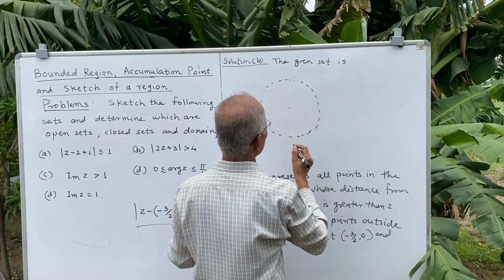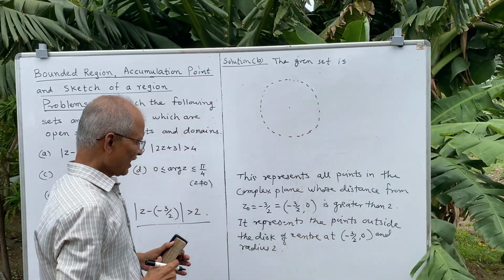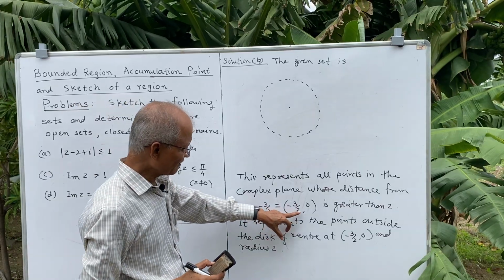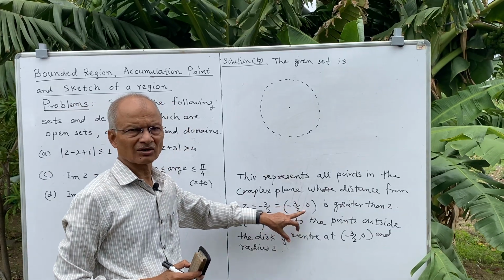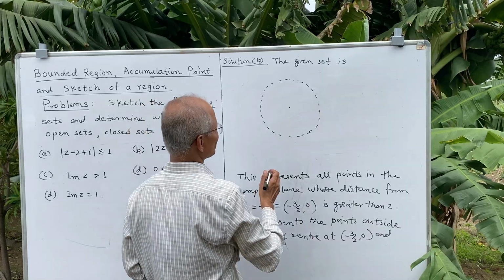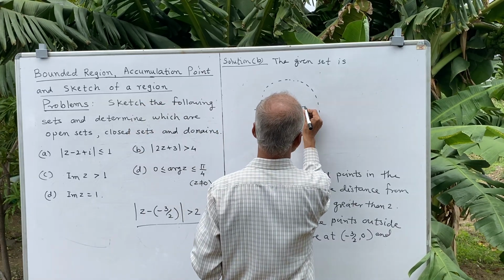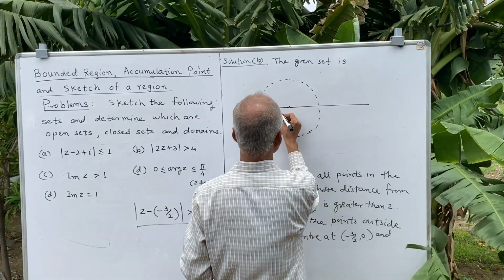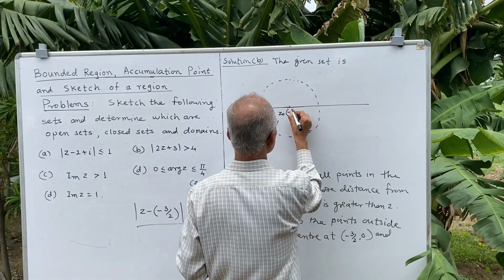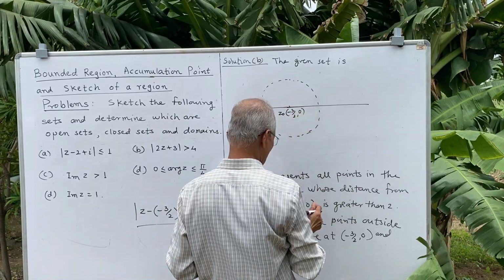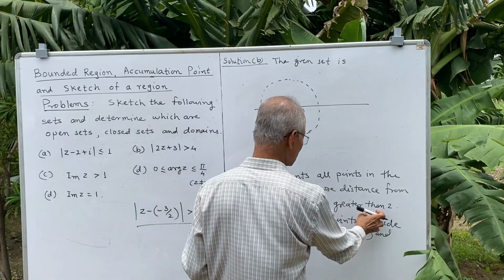So this is the center, and suppose the radius is 2, and (-3/2, 0) is the center, meaning on the negative x axis, and the x axis will pass through this center. This is z0, (-3/2, 0), and its radius is 2.